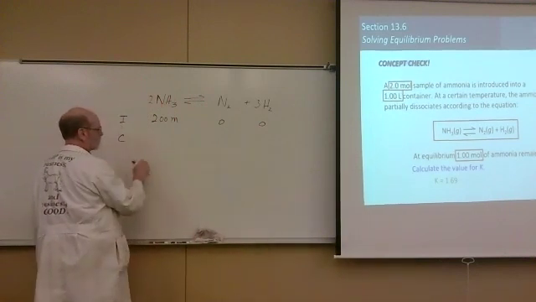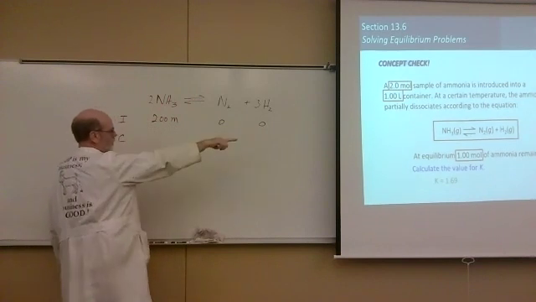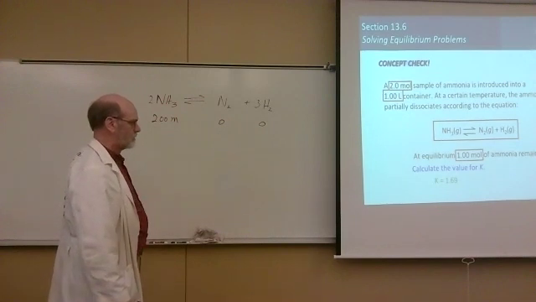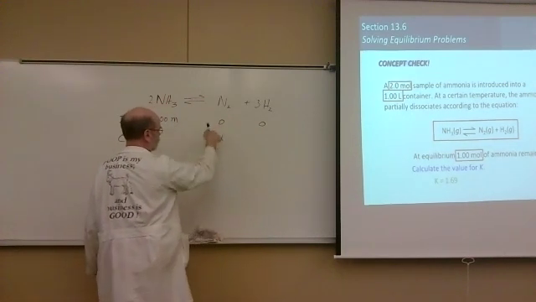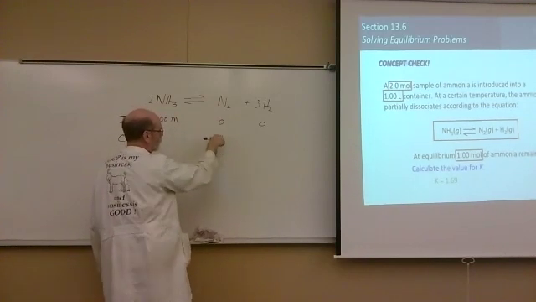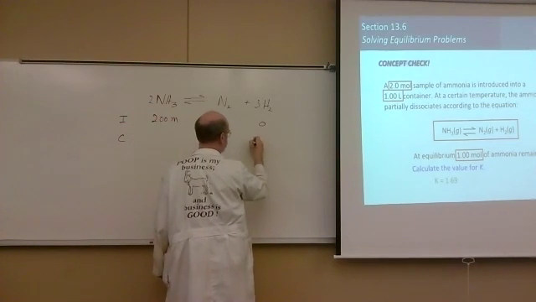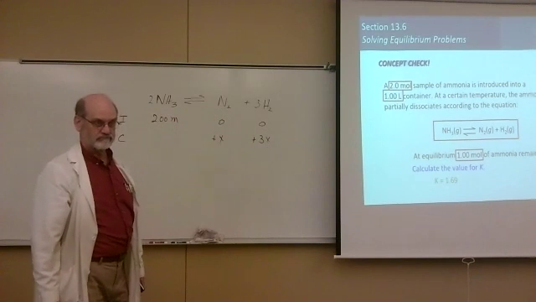So what's the change? We know that we're starting off with 0 here and 0 here. So we're going to end up with some over here, aren't we? We're going to make some of that. And for every 1 of these we make, how many of these do we make? 3, right?